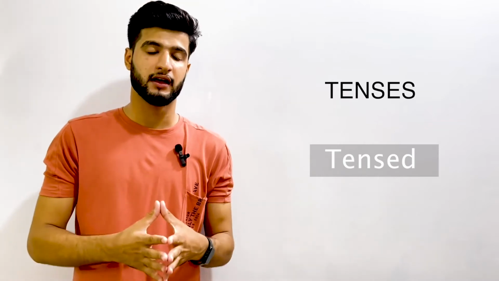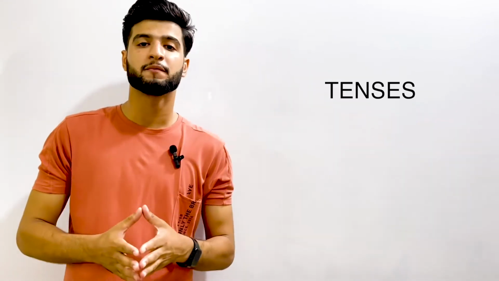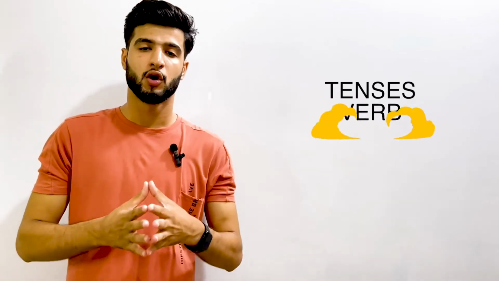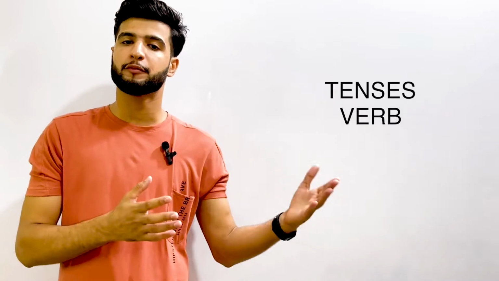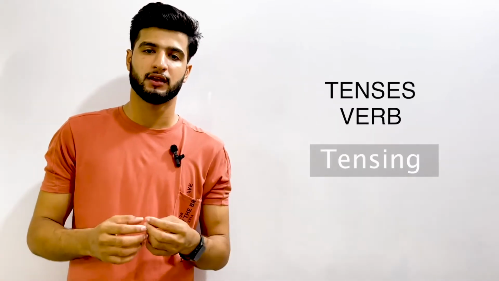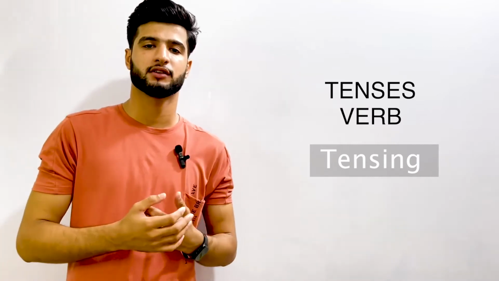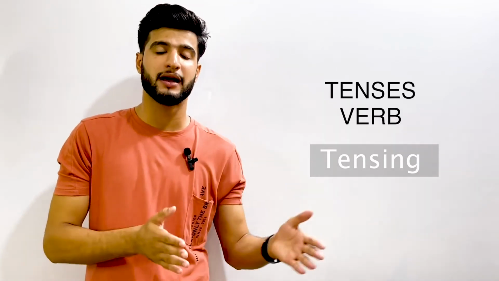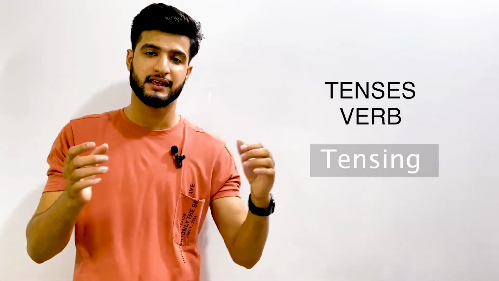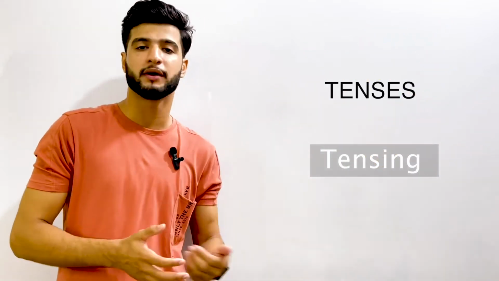Tense also has another grammatical function, which is a verb. For example, one of my friends is tensing me. Tensing me means upsetting me, disappointing me. So tense here can also be used as a verb. So the word tense functions as a noun, as an adjective, and as a verb as well.